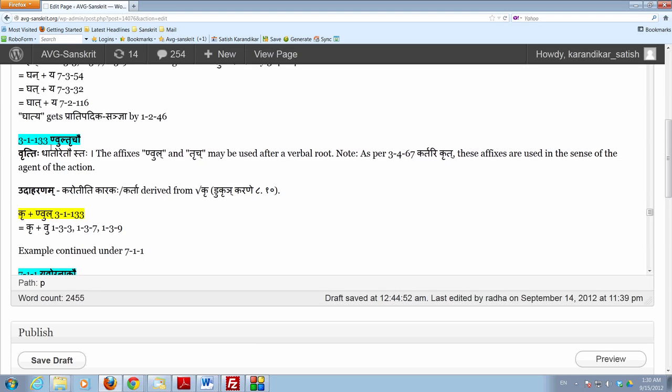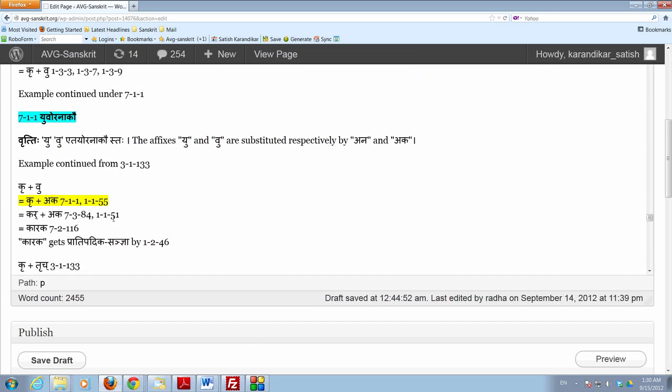Simply dhatoho. And by kartari krit, they are used in the active sense. So this is a very, very important sutram which we'll be using repeatedly in the examples. Also a very simple sutram. So these are the rules which give you great bang for the buck. You can use this sutram in many, many places to refer to the doer of an action.